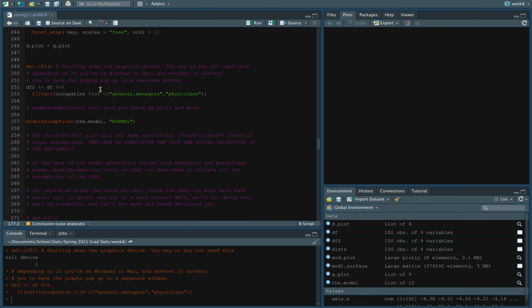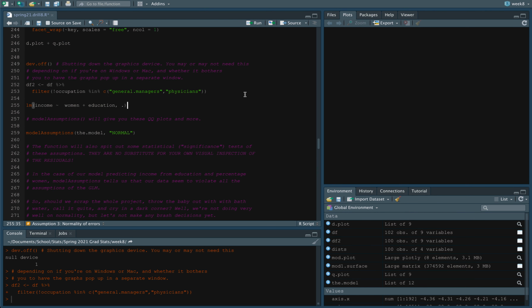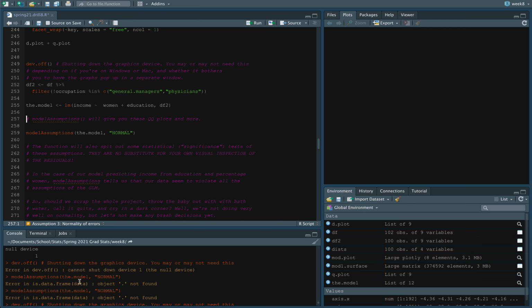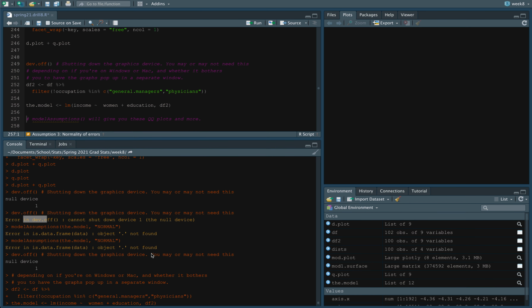And the problem is that lm support doesn't necessarily want to work nicely with tidyverse. Whenever I put that in, it was telling me "object dot not found," and you may run into this problem on other things as well.